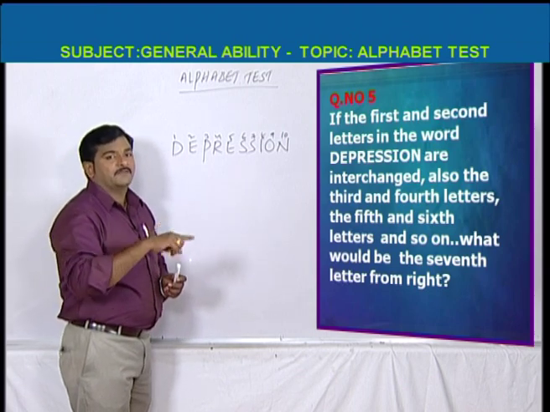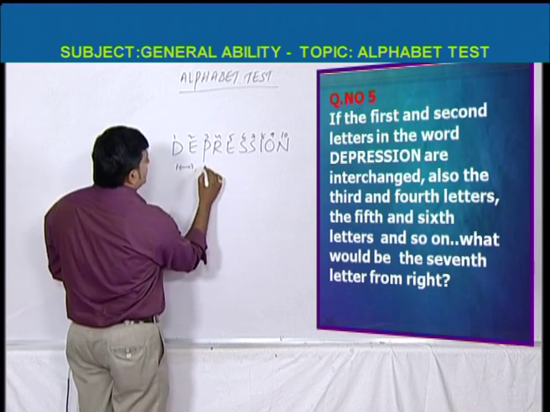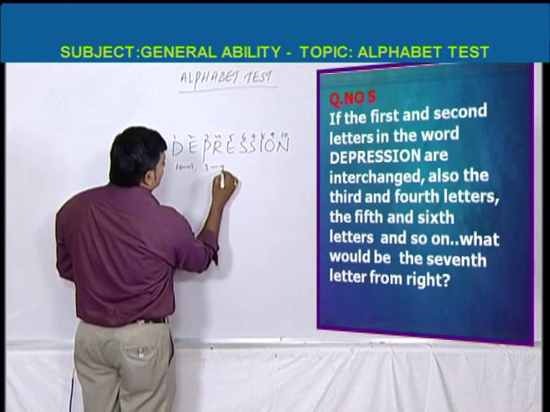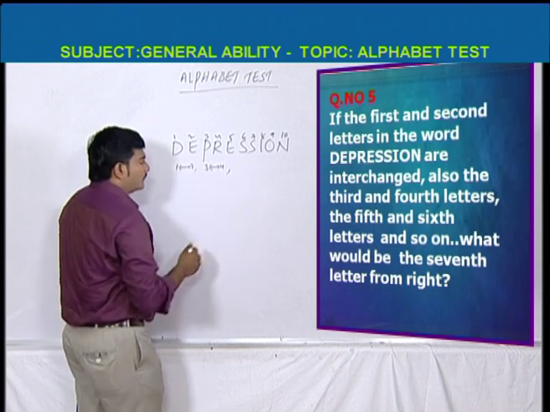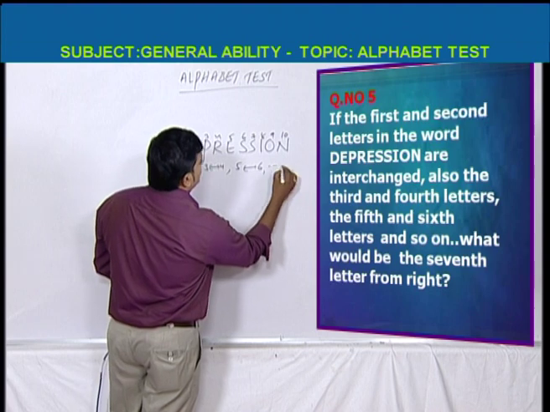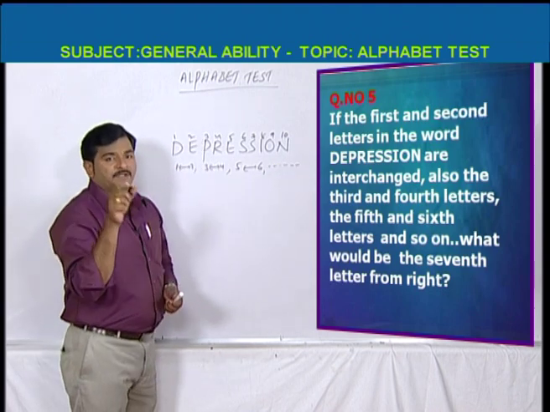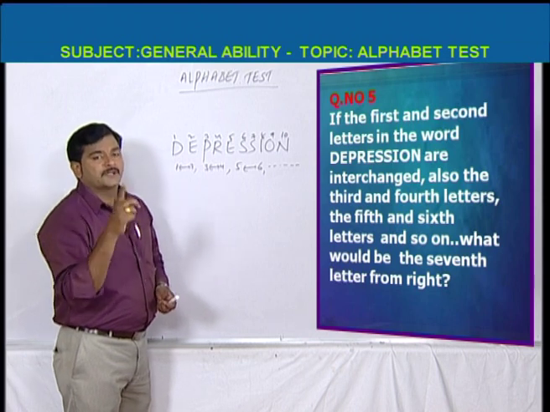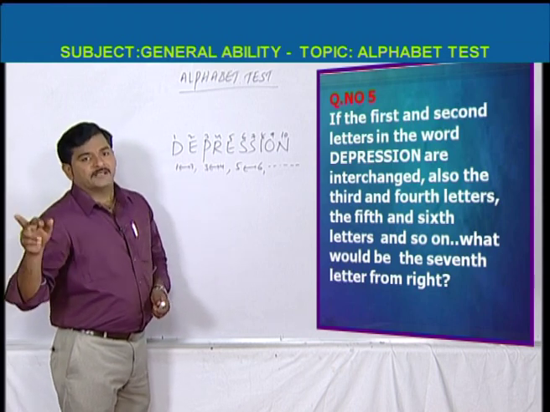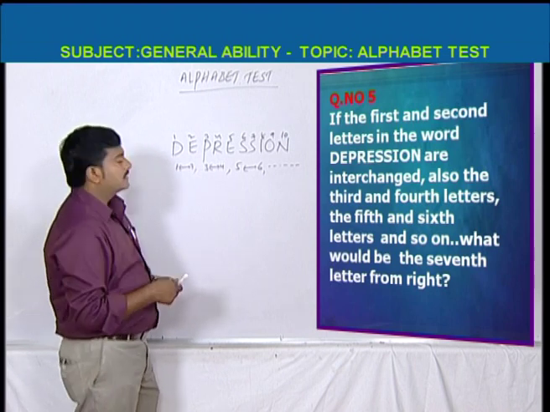He interchanged 1 and 2, third and fourth, and fifth and sixth. He mentioned 'and so on', so he is interchanging in that way. It means every two letters, every pair of letters, are interchanged.